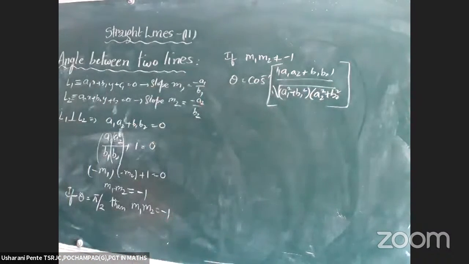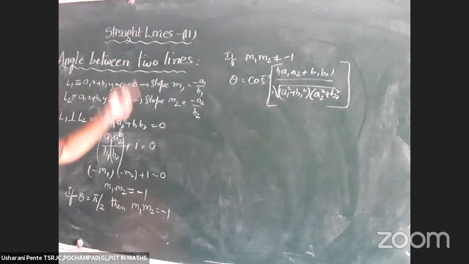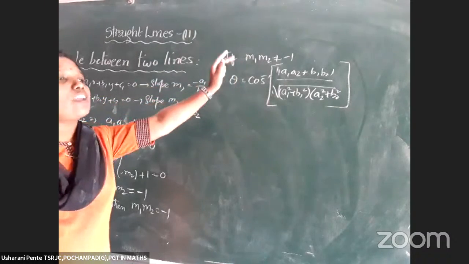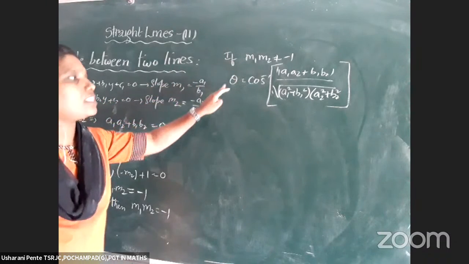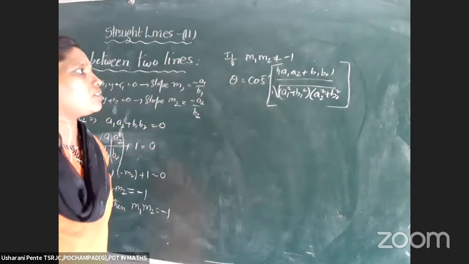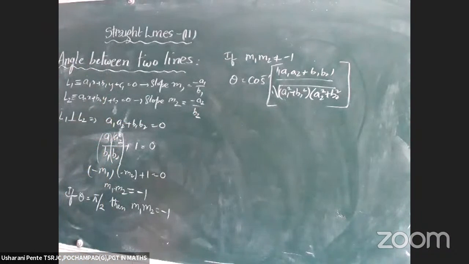So if the two lines are perpendicular to each other, this is the condition we got. If the two lines are not perpendicular, then theta is equal to cos inverse of a1 a2 plus b1 b2 by under root of a1 square plus b1 square into a2 square plus b2 square.